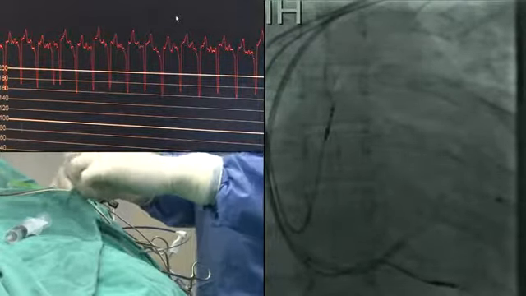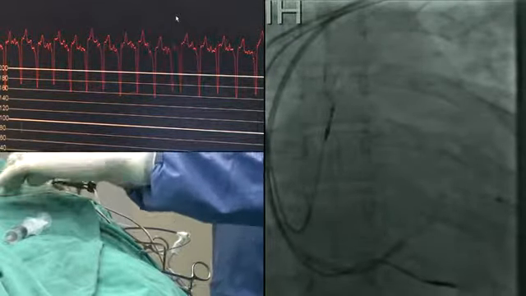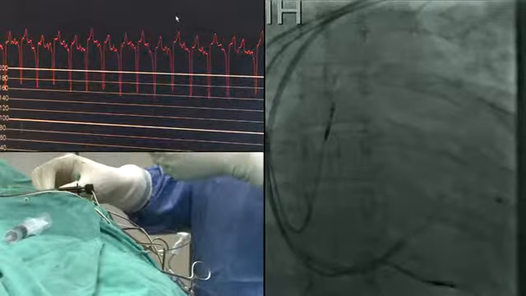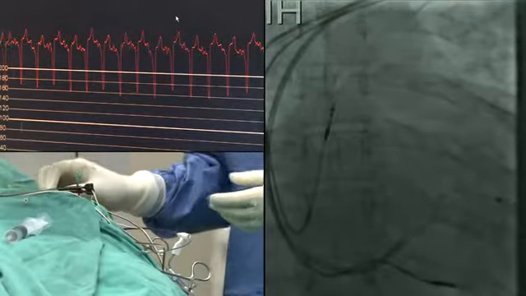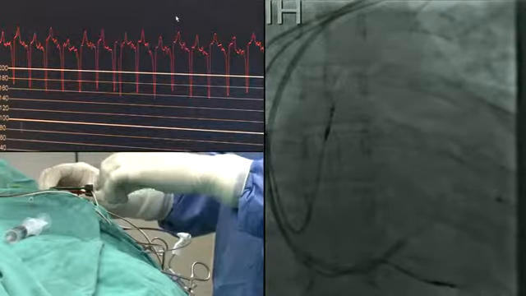An important tip is not to make the wires touch each other because it causes some interference with the sensing and pacing. So this wire should be clear, away from other wires.